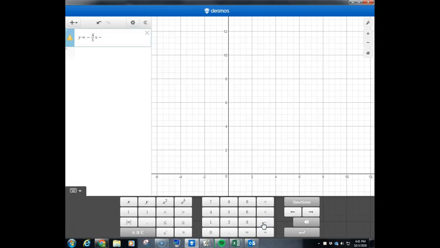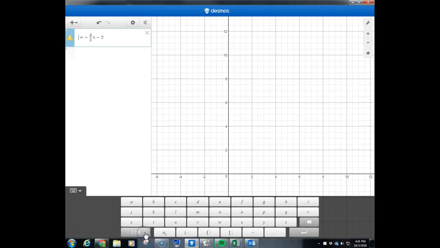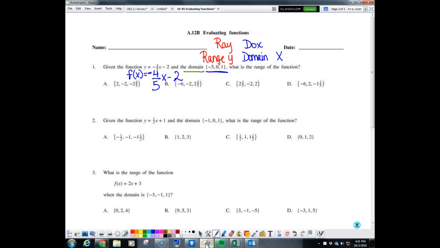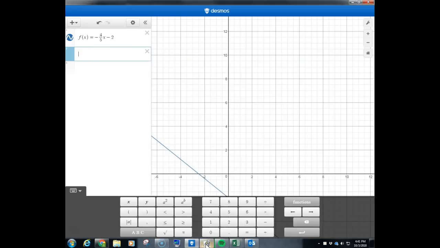I said y, f of, and I put y. Okay, so f and then x, right? And I want to know what the y's are, which are the outputs when I have negative 5, 0, and 1.